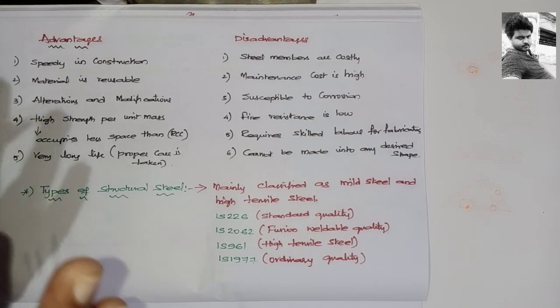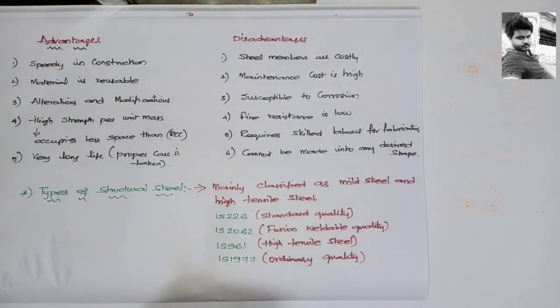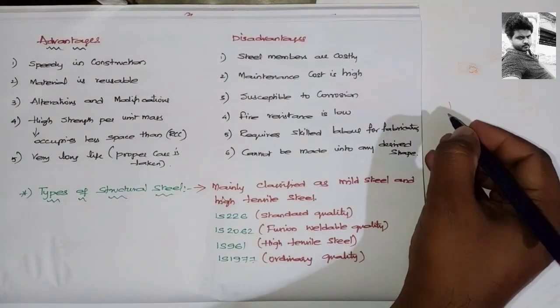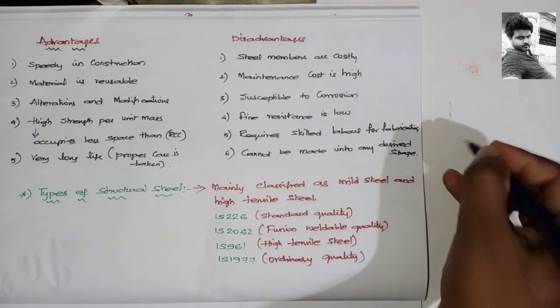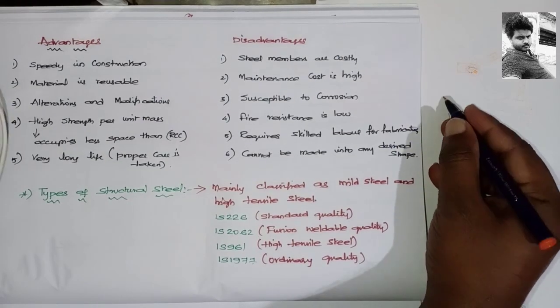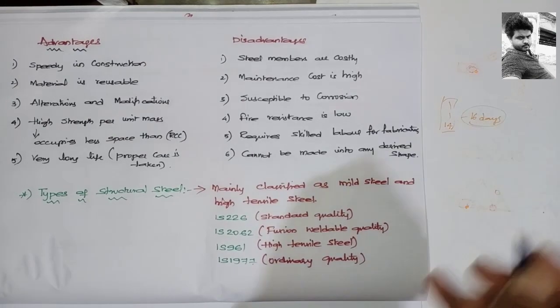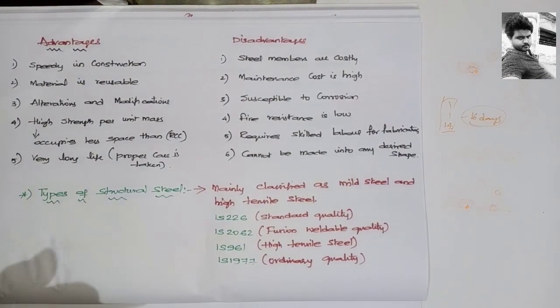How many days does it take? For formwork, say 1 day, for casting 1 day, and for curing, for a minimum important structure, 14 days. So 16 days we have to wait to get 80% completion of the work.